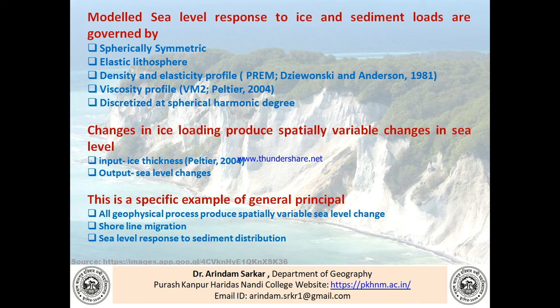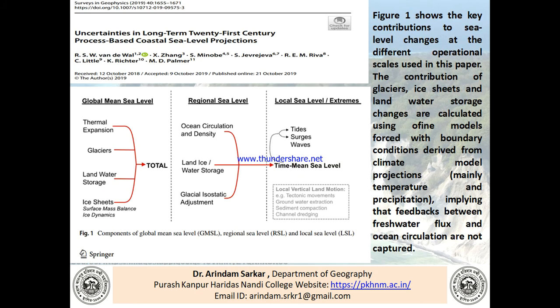Now, changes in ice loading produce spatially variable changes in sea level. How? The input is the ice thickness, and the output is the sea level change. This is a specific example of a general principle. All geophysical processes produce spatially variable sea level change, shoreline migration, and sea level response to the sediment distribution.